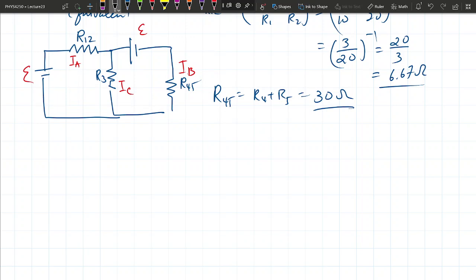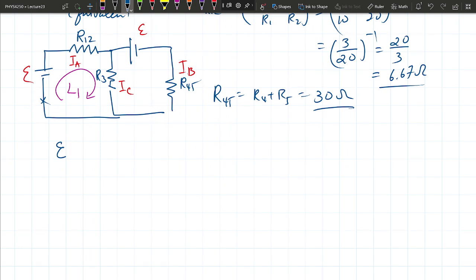The loop law is that if you go around in a loop and end up at the same point, your change in voltage is 0. So let's do this loop first, and call that L1. If I go around here, I end up with the same voltage. So let's start here. When we start here, we're going to gain EMF amount of voltage. This is my starting point.